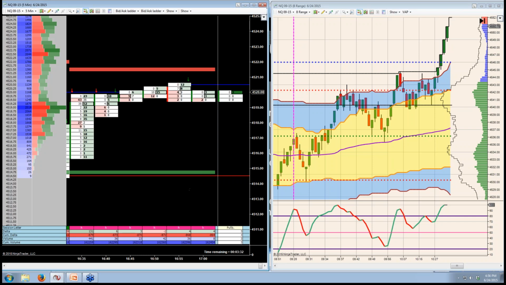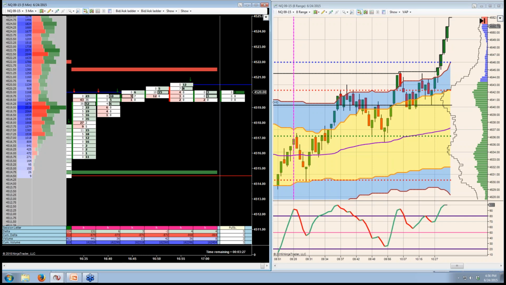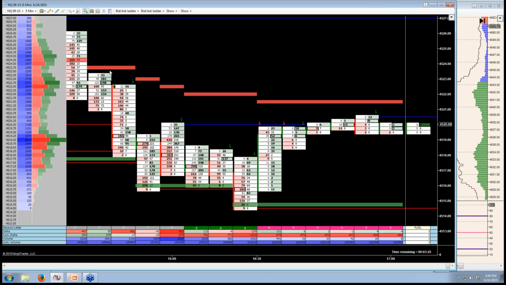Now, another way to use this is, let's say that we were long and we rode it all the way up, or let's say we were short, either way. So let's say we're short, and this is the end of the day, so it's not the best example, but as we're short, you can see here, for example, the orders slowing down here on the sell side, and here, toward the bottom, compared to here, you have 116 sells down to 26, down to 9.